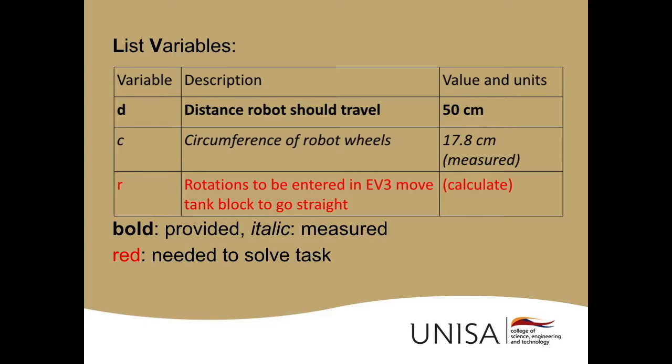Then we have variables in italic. Those are the ones that we decided we need and that we need to measure. And then finally in red, the variable is marked that we must have at the end of our problem solving approach. In this case, it's the number of rotations, because that's what we need to enter as a parameter into the move tank block.